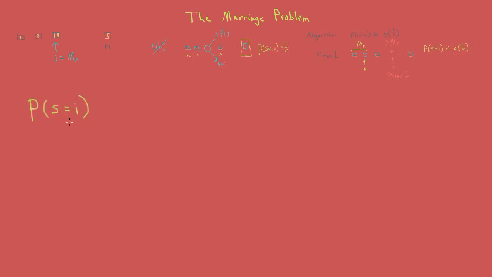So we want to find an expression for the probability that s equals I. This is the probability that our algorithm succeeds. The way we're going to do this is to break that expression up into an average of conditional probabilities.